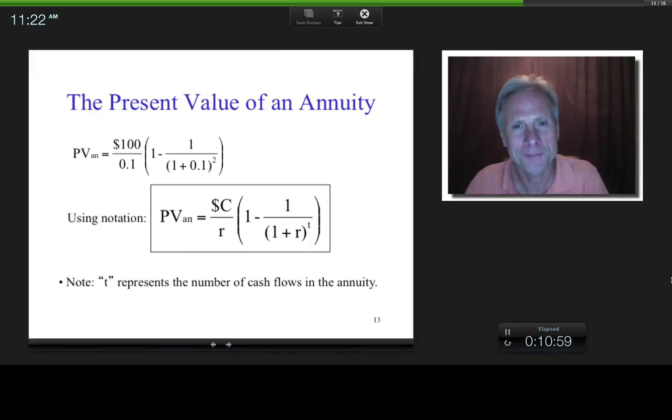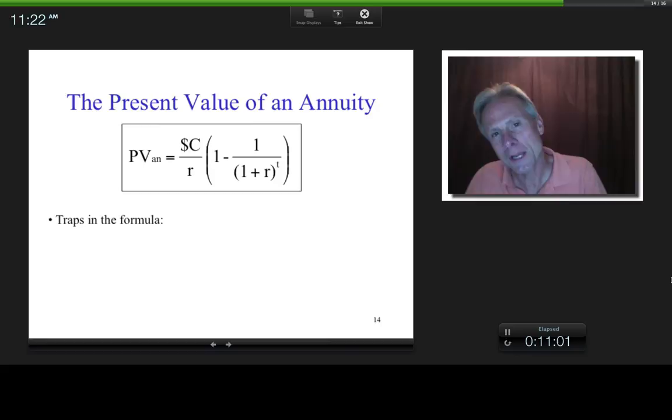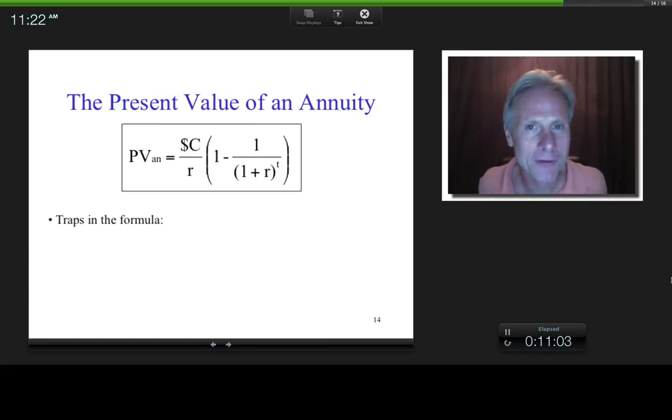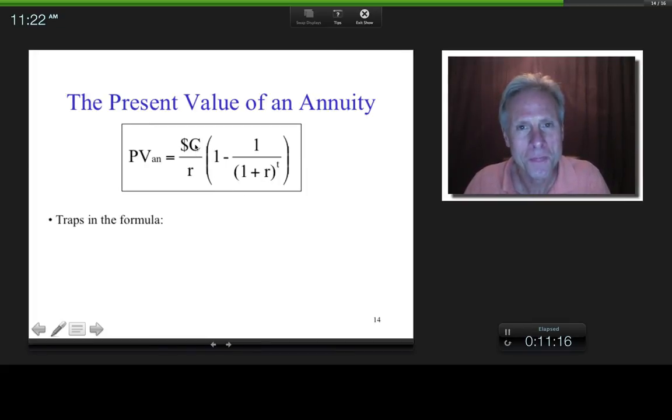It'd be 5, right? So like with all of these time value of money equations that I've talked about, I've always brought up traps, if you want to call them. And the first one here is that if the first cash flow, the $100 in our example, happens at time 1, then was the solution at the same time period or 1 time period earlier?